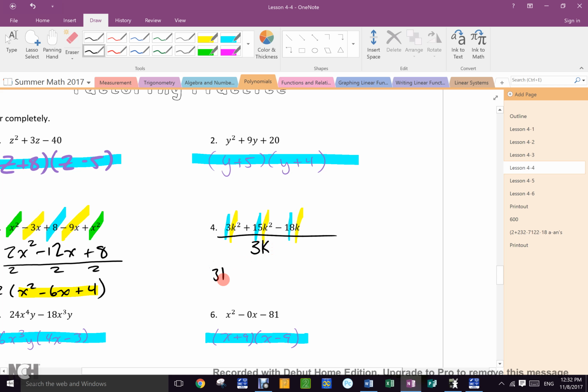So 3K goes to the front. What's 3K squared divided by 3K? K. What's 15 divided by 3? 5K. Plus 5K. What is 18 divided by 3? Minus 6. K, 1K, and 5K is how many Ks?